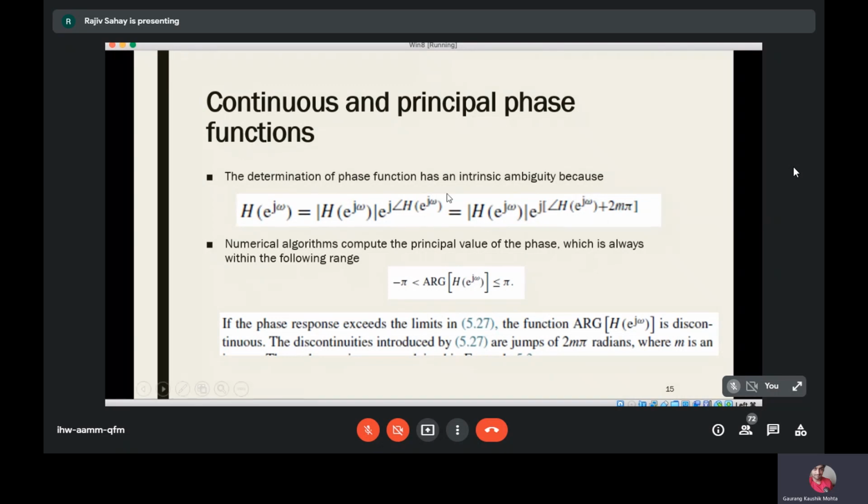If you see here, the angle turns out to be the same if you add a 2n pi value to the original angle. So the original phase, if it is disturbed by 2n pi, appears the same way. This is the intrinsic ambiguity of the phase.